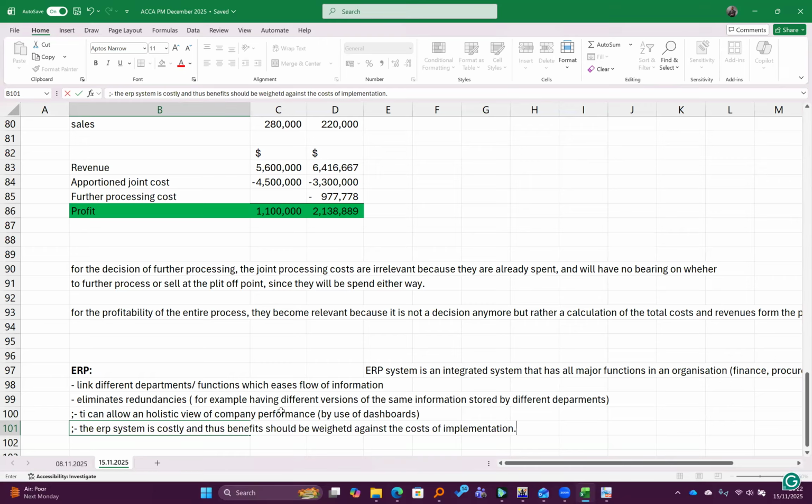So you need to have that in mind, such that you can benefit from the ERP system without incurring so many costs.